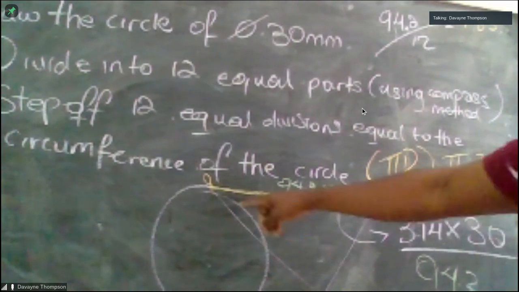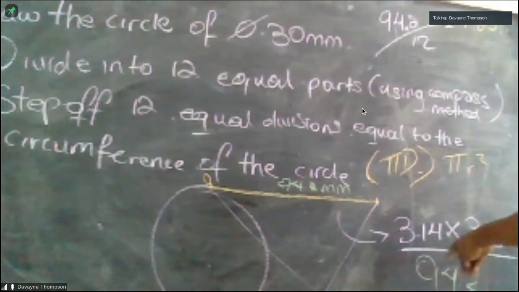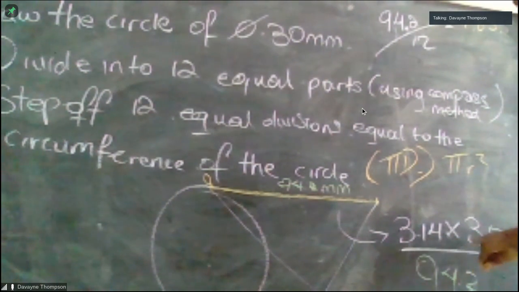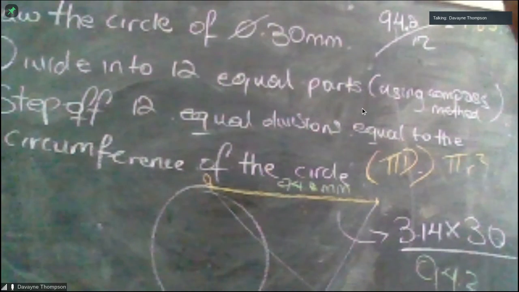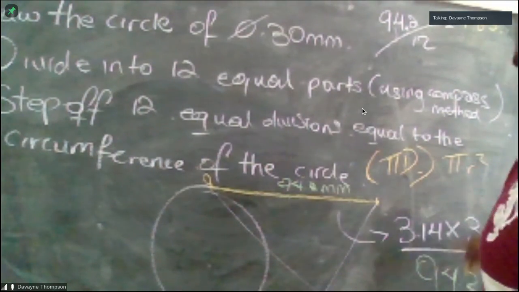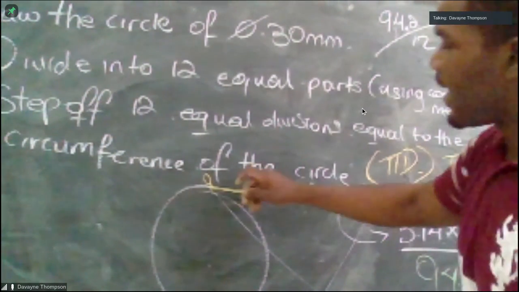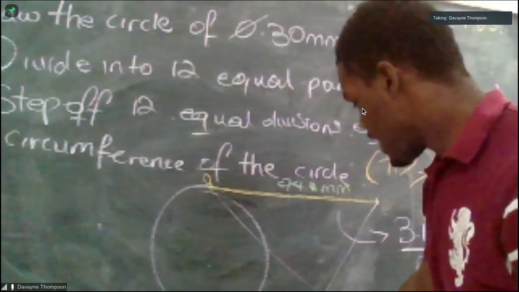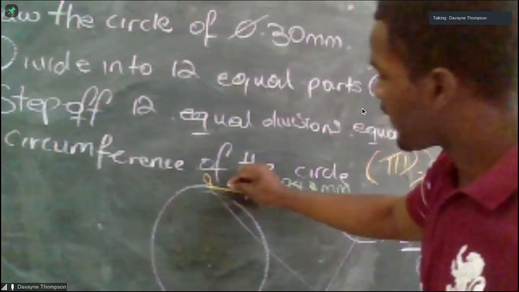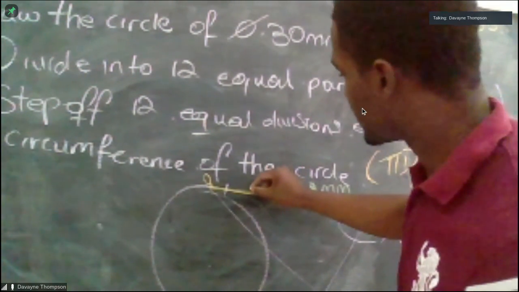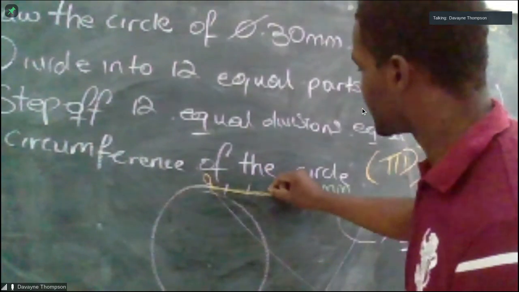So since you told me 3.14 times 30 equals 94.2, then that means when I divide 94.2 by 12, every division on this line, as long as I reach 7.85, that's going to be a division. 7.85 is going to be a division.